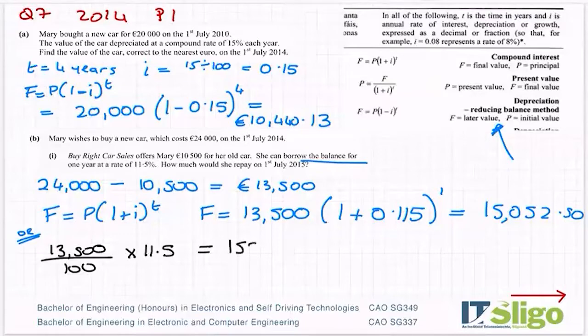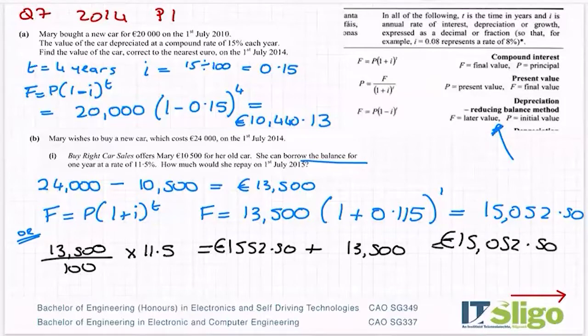And I make that 1,552.50, okay? And I'm going to add that on to 13,500. And I get 15,052.50 as well. Okay, so the bit in black is what makes more logical sense to me.